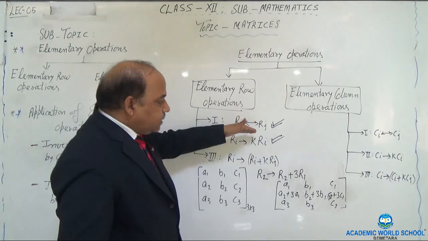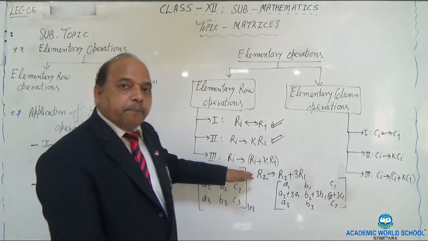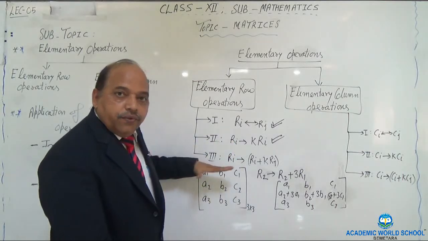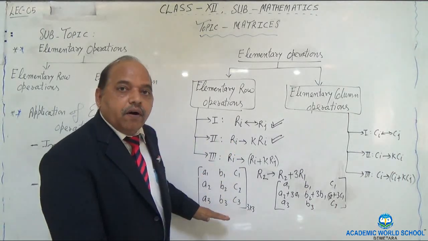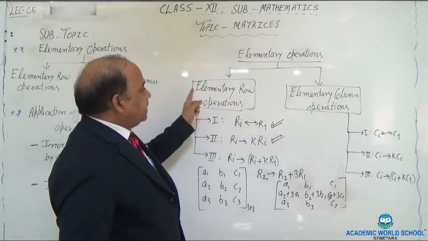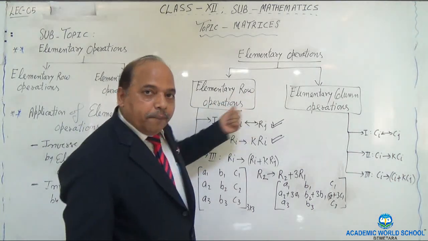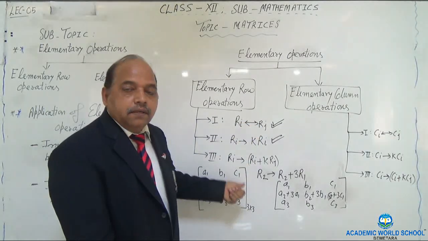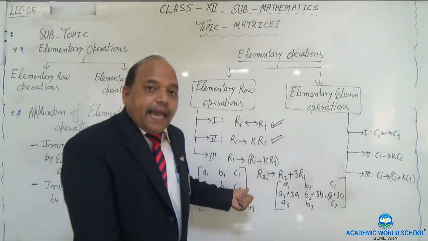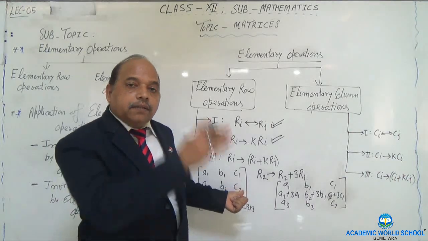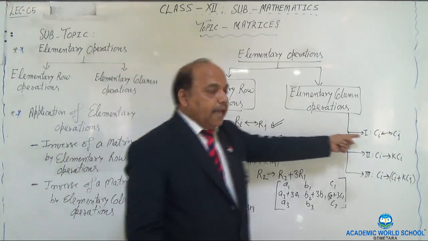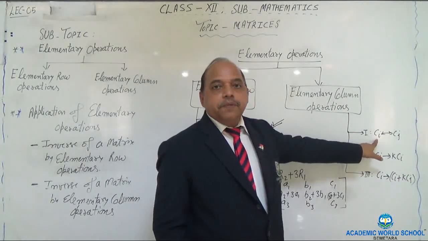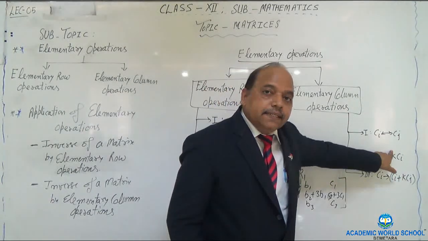Now all these three operations we have applied on various rows of the given matrix. We have applied this only on rows. That is why it is called elementary row operations. In a similar manner, all these operations can be applied on the columns also. It means the ith column can be interchanged with the jth column.